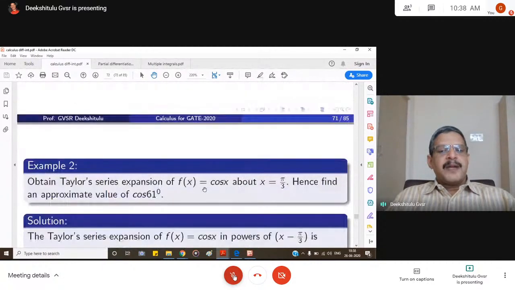Obtain the Taylor series expansion of f of x equal to cos x about x equal to pi by 3. As I told you, when you are asked to find the Taylor series expansion about a point, you have to put b equal to x and a equal to whatever point is asked here. The point here is x equal to pi by 3.